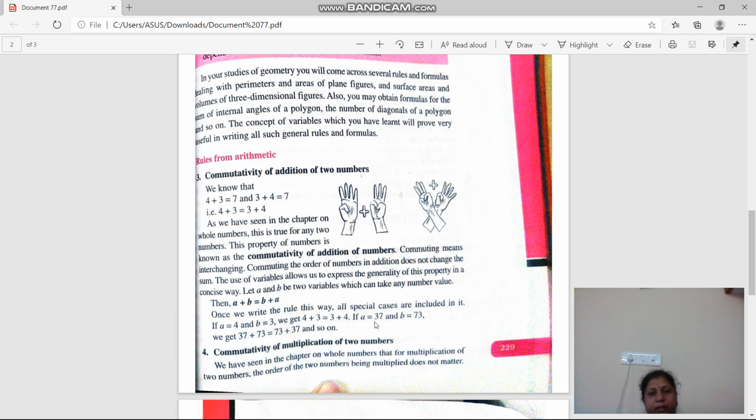If we take 37 plus 73, we get 37 plus 73 is equal to 73 plus 37. Take 12 plus 90 and 90 plus 12. We get the same answer. Understand? Instead of taking any numbers, we have taken the two variables. Get it, everyone? Okay, let's start the next.